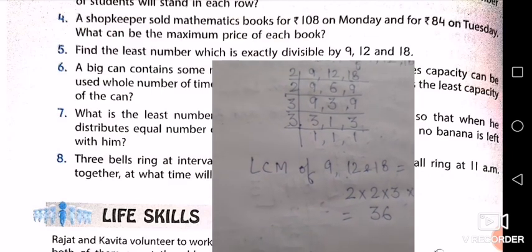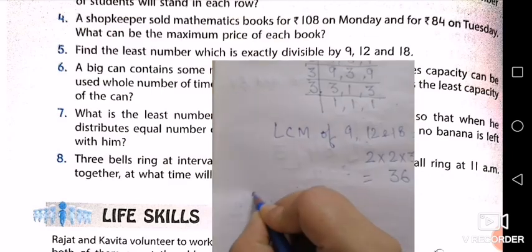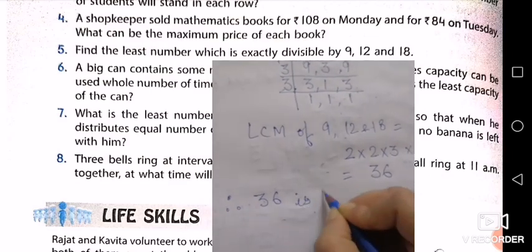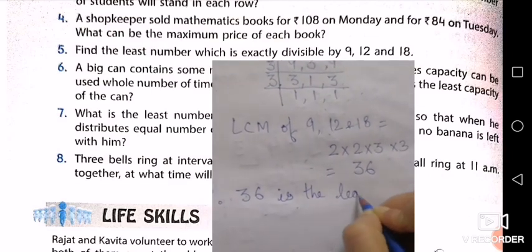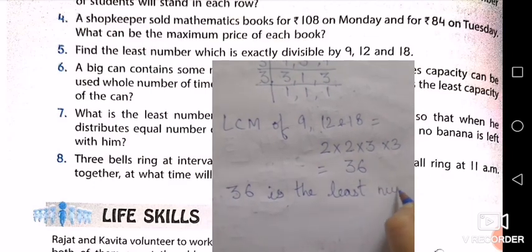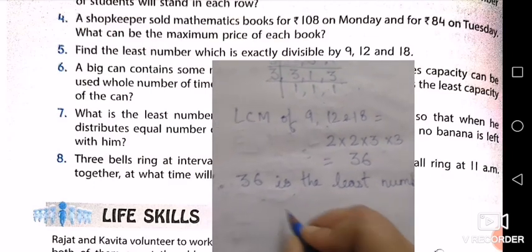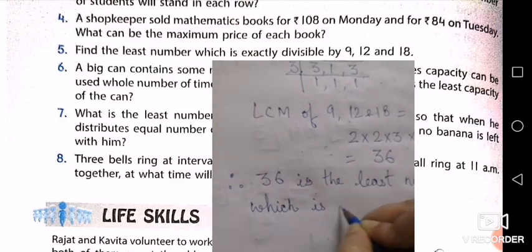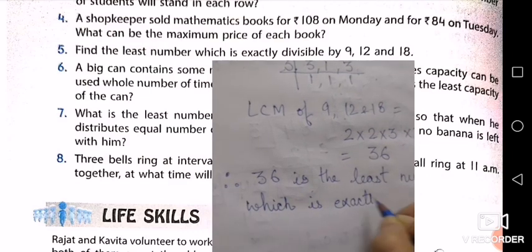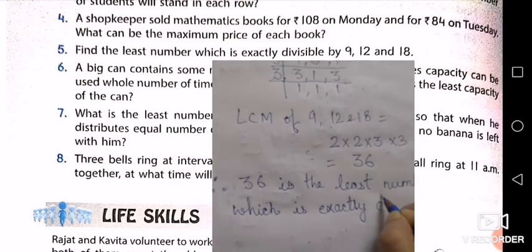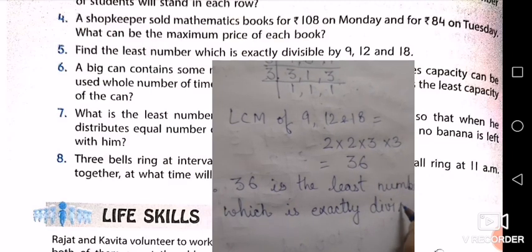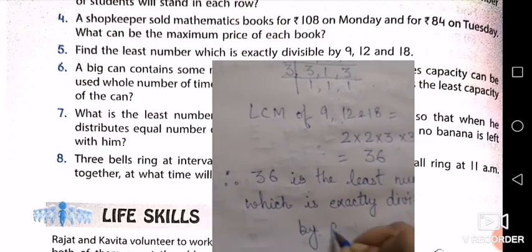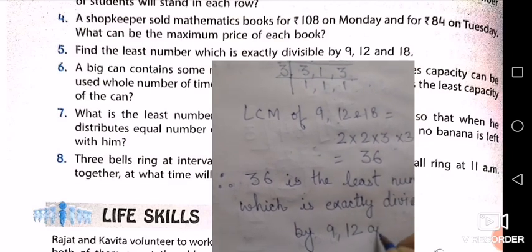Therefore, 36 is the least number which is exactly divisible by 9, 12 and 18.